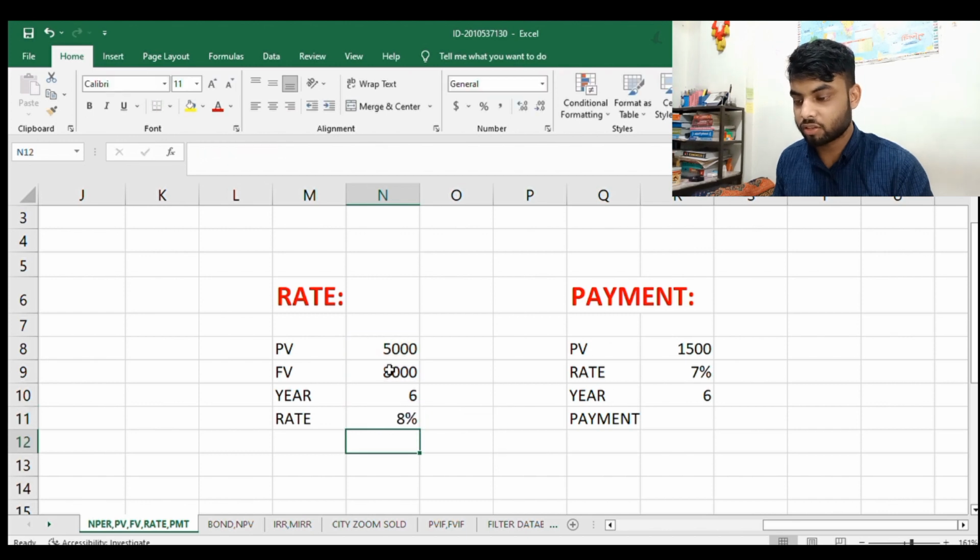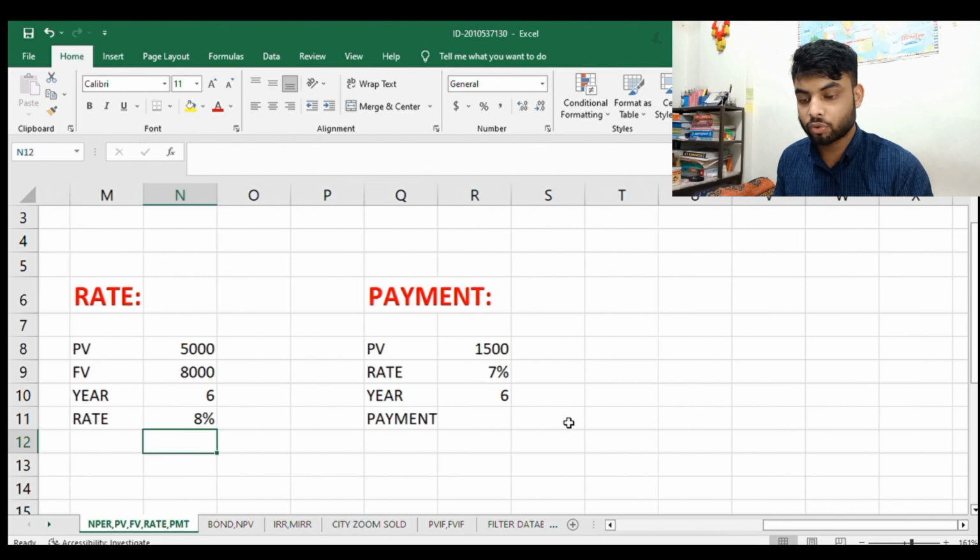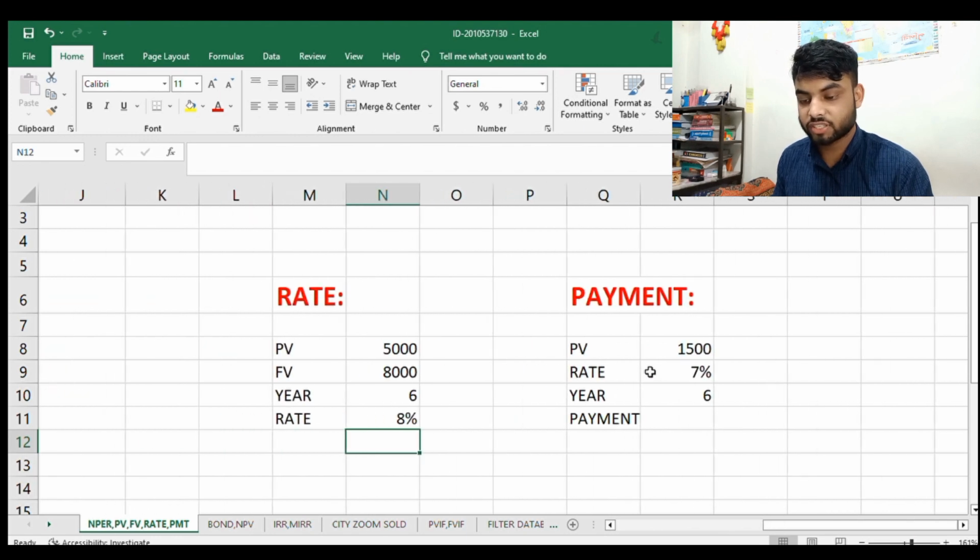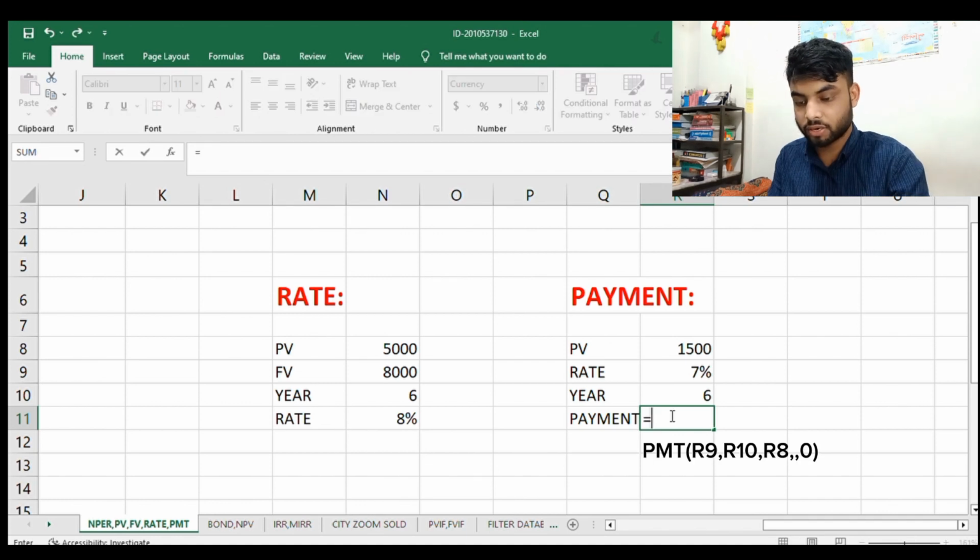Then we calculate payment in Microsoft Excel. For this, the given info: present value 1,500, interest rate 7%, number of years 6. Then payment, we can easily calculate: equal PMT, that is the formula of payment. Then start the first bracket. First we need interest rate 7%, then number of years 6, then present value 1,500.